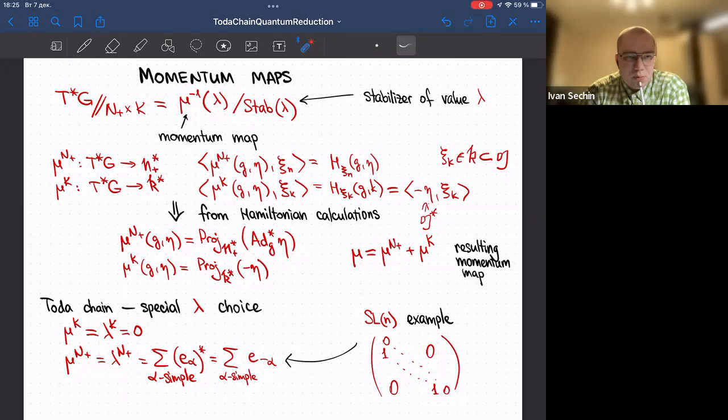And we want to choose a value of our momentum.